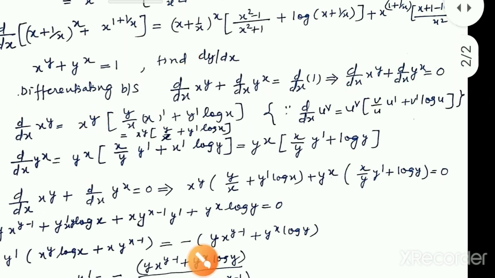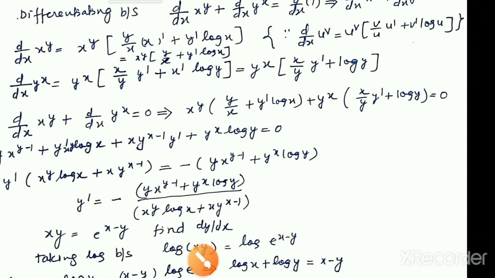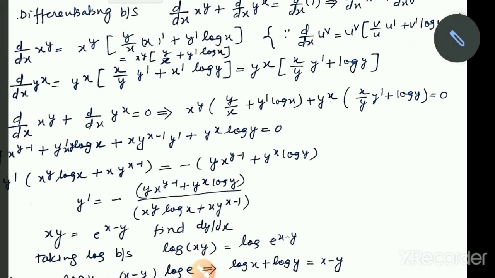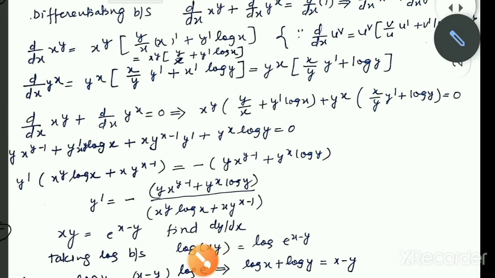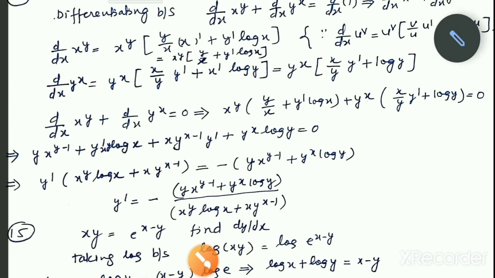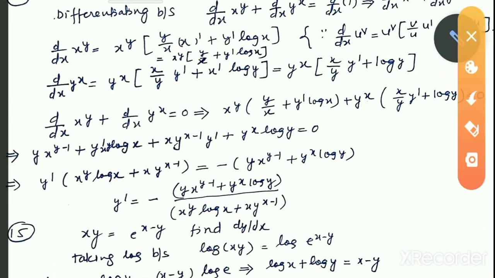So for this, first multiply x^y and y^x in these respective terms. After doing all this, you will get y' into (x^y log x plus x y^(x-1)) is equal to minus (y x^(y-1) plus y^x log y).